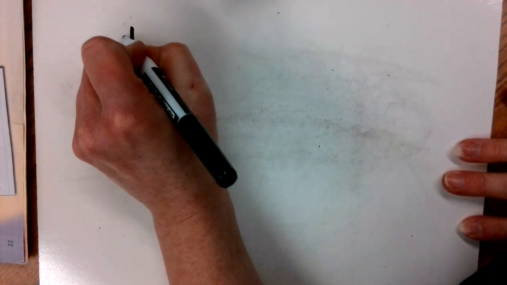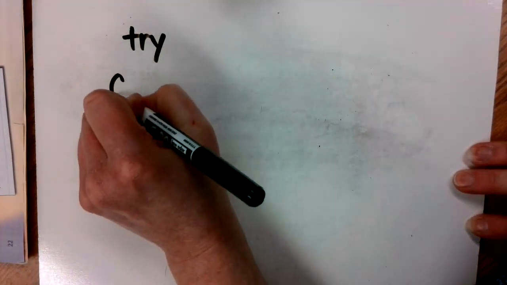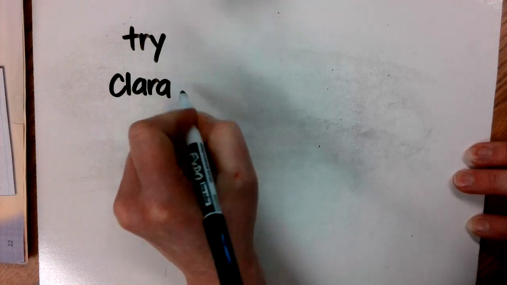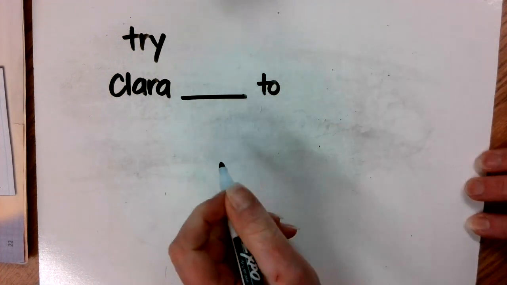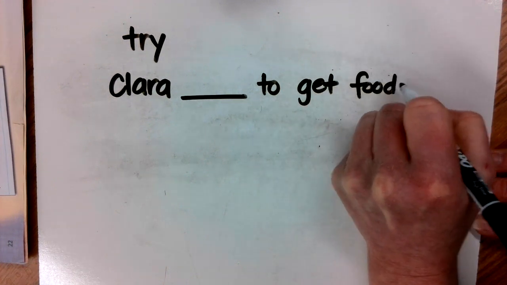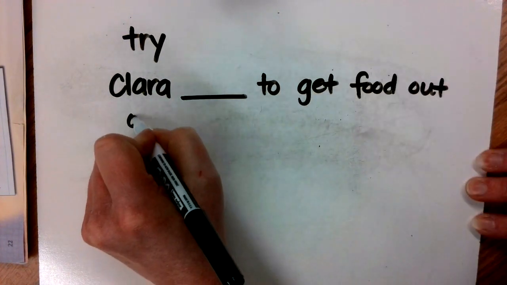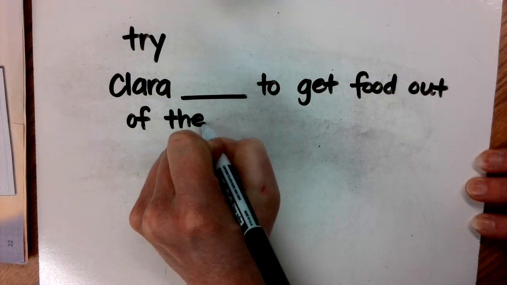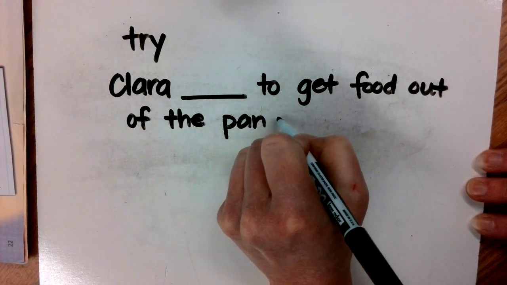So if I have the verb try, okay, and I'd say, Clara tries to get food out of the pantry.